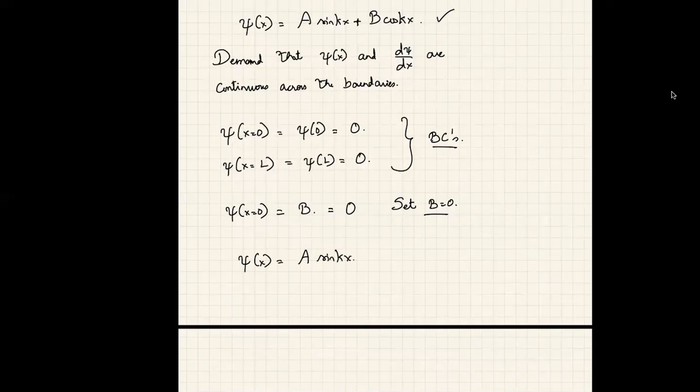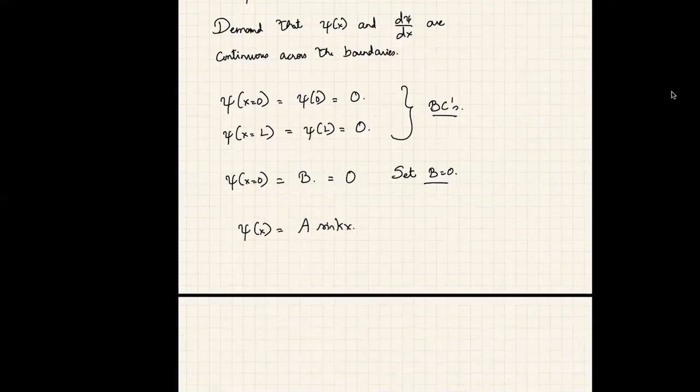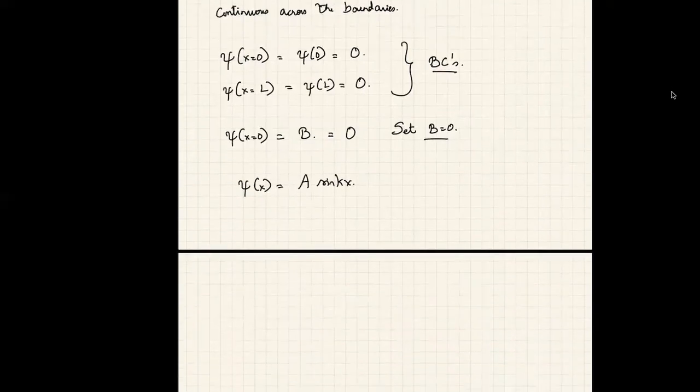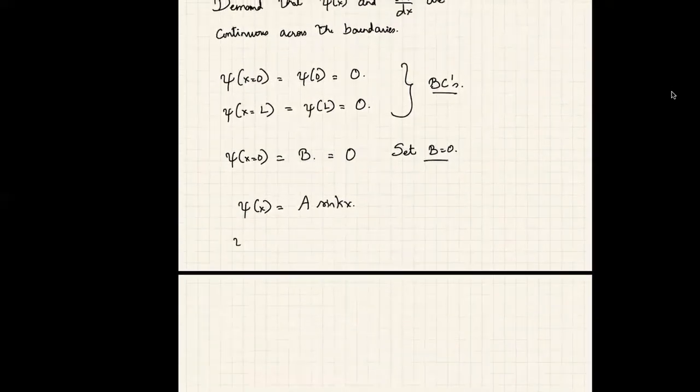Okay, but that is not all. I also have to impose the second boundary condition. What is the second boundary condition? Psi at L equal to 0, which tells me that a sine kL equal to 0. Now I can satisfy this by claiming that A is 0.